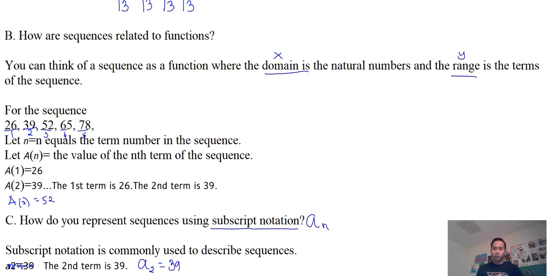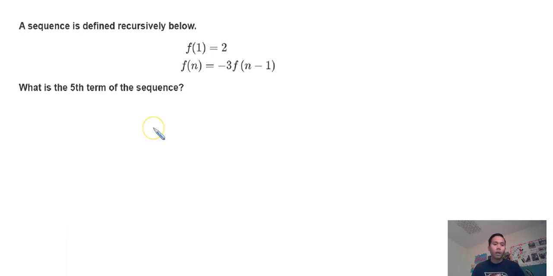Next example, let's jump in. A sequence is defined recursively below. When we say recursive function or recursively, in mathematics, it means to repeat a process over and over again, just like what we did a while ago.